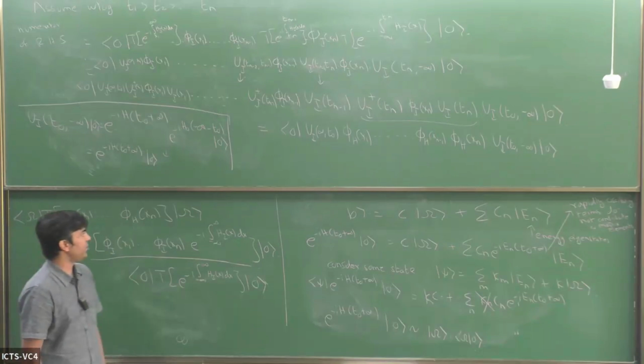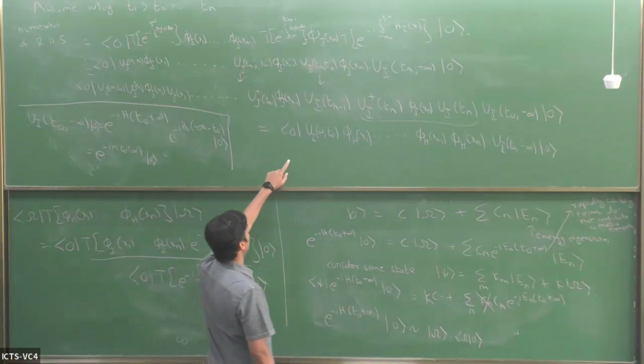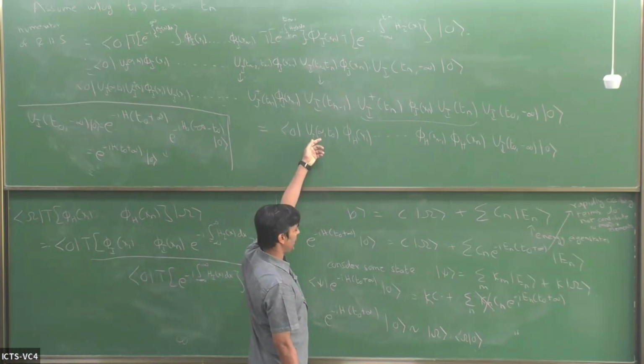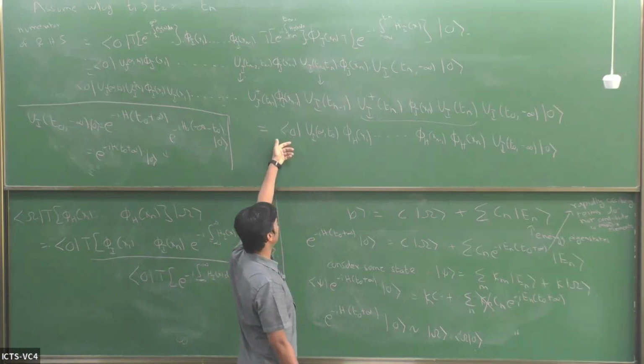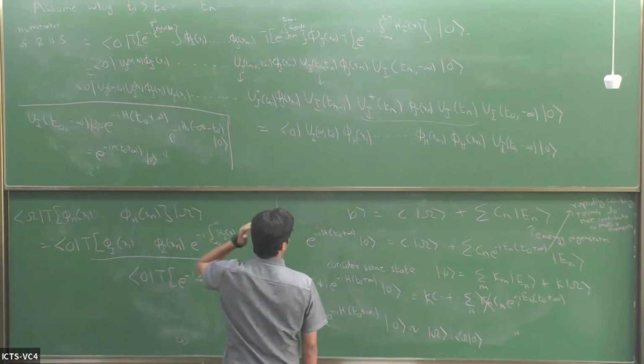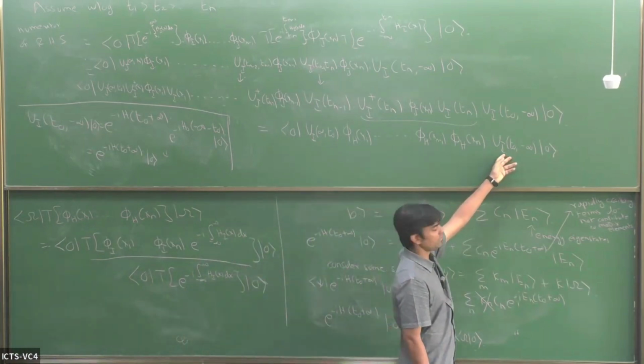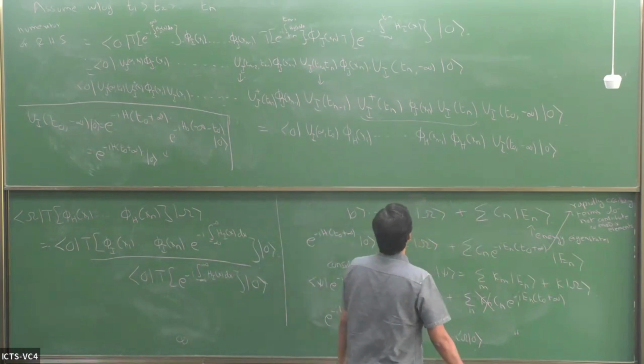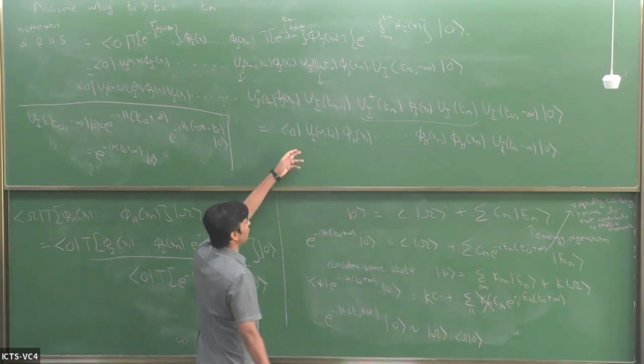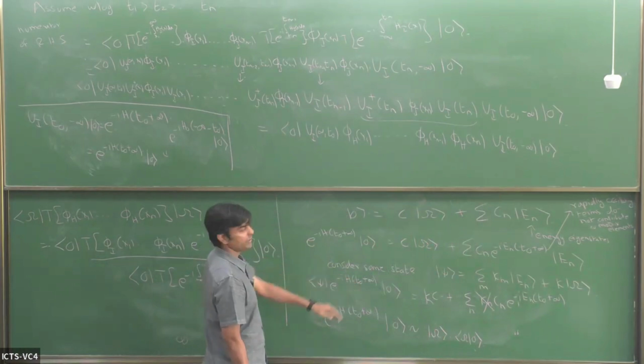On the other side of this expression, we have another evolution which now looks like T_0 to plus infinity acting on 0. But we know how to deal with this. So this effectively looks like the vacuum times this. And by the same argument, this also projects onto the vacuum and gives you another factor.